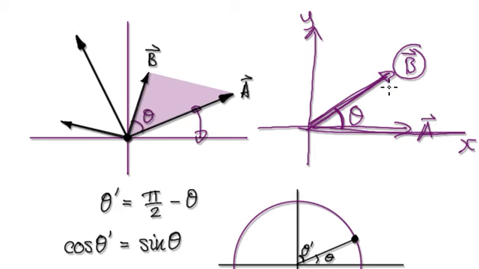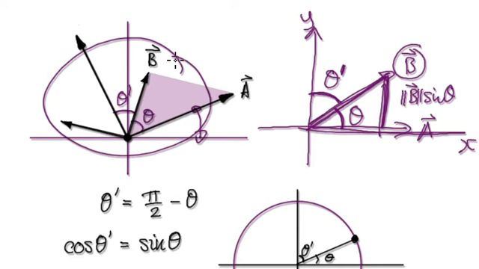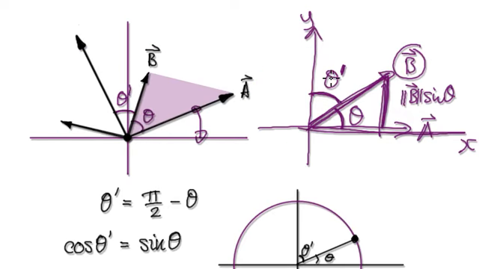Imagine the vector b as being your hypotenuse. So when you get the magnitude of b, sine the angle, that will then give you this height. But then now, don't forget, when you rotate it 90 degrees, this angle here will be theta prime, which is this angle here. This is hard to visualize. This is much easier to visualize.